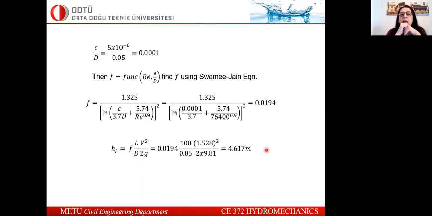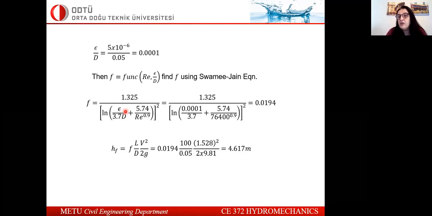This is one thing. Another thing, in the problem, you can be given the information that the flow is smooth. You have hydraulically smooth flow. Then all you need to do is take the epsilon over d term to be equal to 0. It doesn't matter if the pipe is concrete, plastic, or glass.